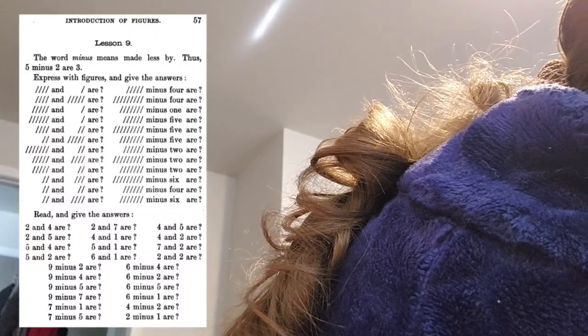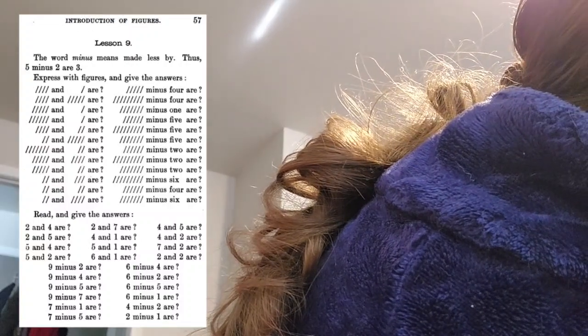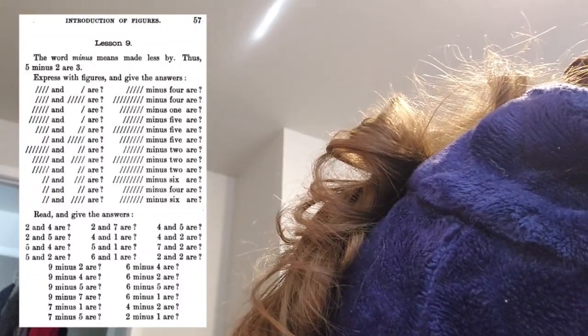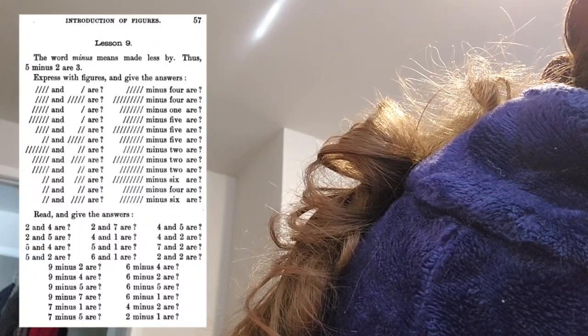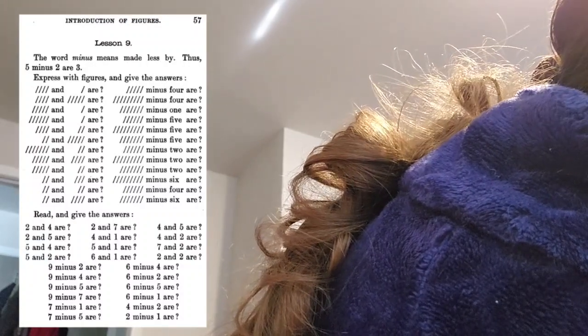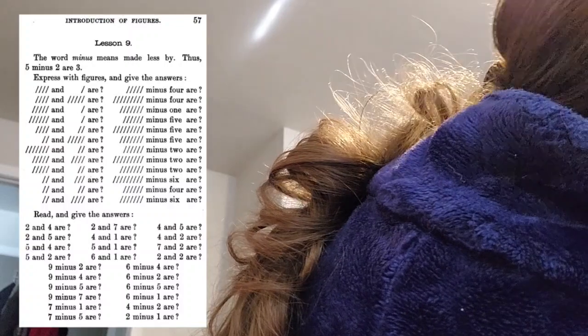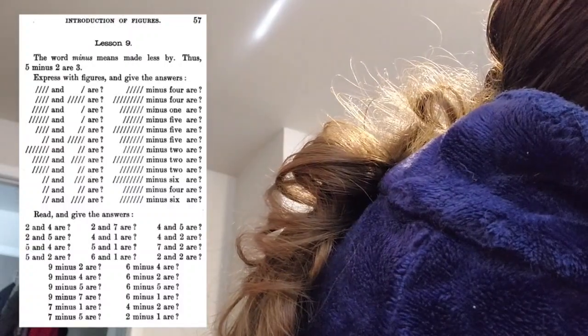Express in figures and give the answers. Okay, so they want you to draw these squares. Oh my gosh, this is big. This is long. Okay.